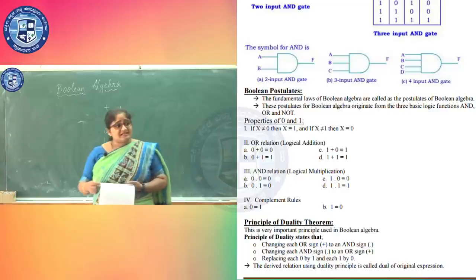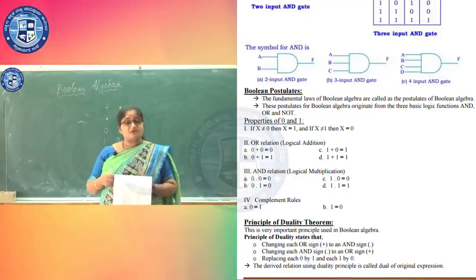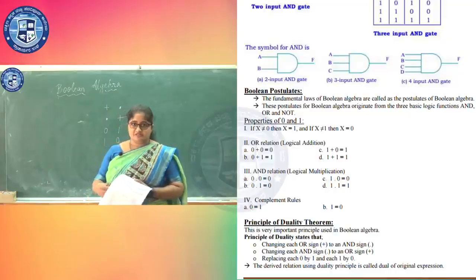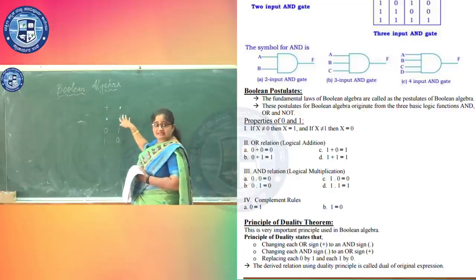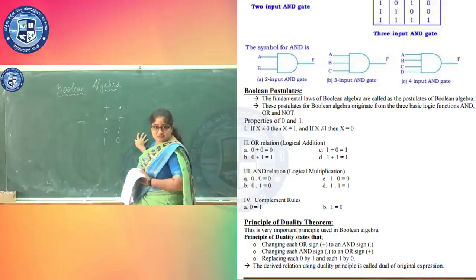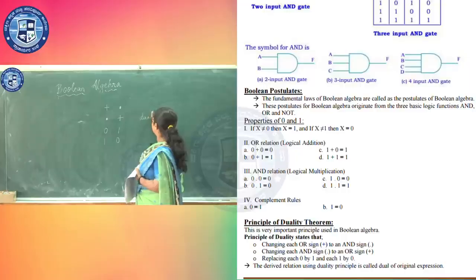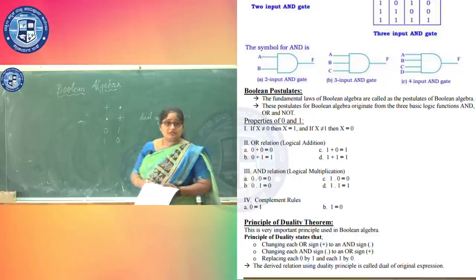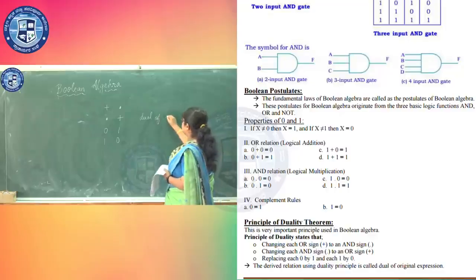So, the derived relation using the principle of duality, and such expressions are called the dual of the original expression. Any expression to which we apply this principle is called the dual of the original expression.